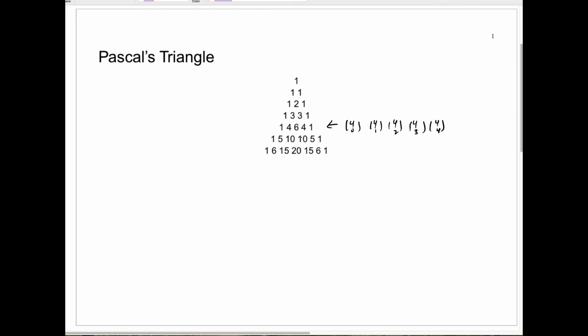And one thing that you'll notice about the numbers in Pascal's triangle, and this isn't surprising, some are even and some are odd. Here's a question. Are there interesting patterns in Pascal's triangle about which numbers are even and which numbers are odd?